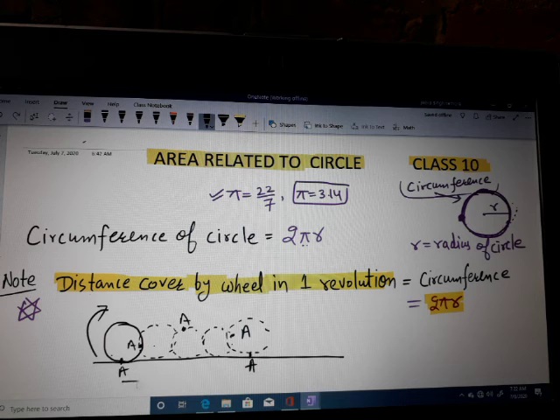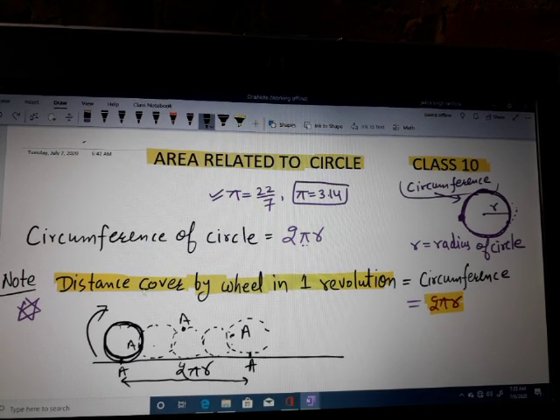So this is the distance covered by this circle, that is the path of the circle. This is equal to this part only, that is equal to 2 pi r, the circumference of the circle. That's why always remember, the distance covered by a wheel in one revolution is always equal to the circumference of the circle, that is 2 pi r. Please note this down, this is very important.